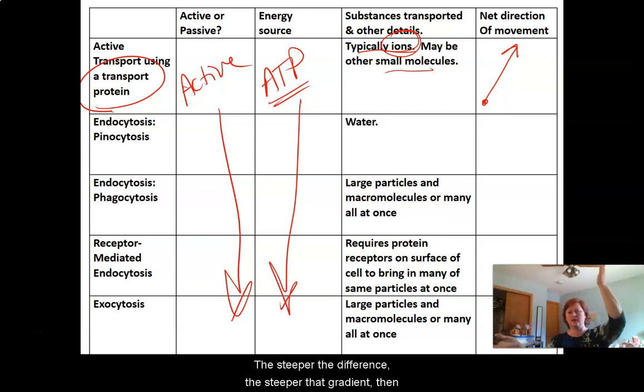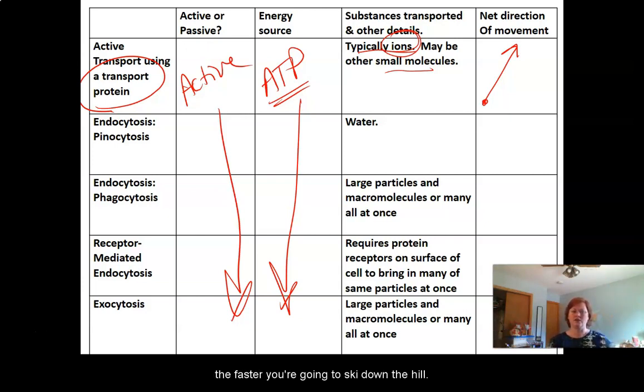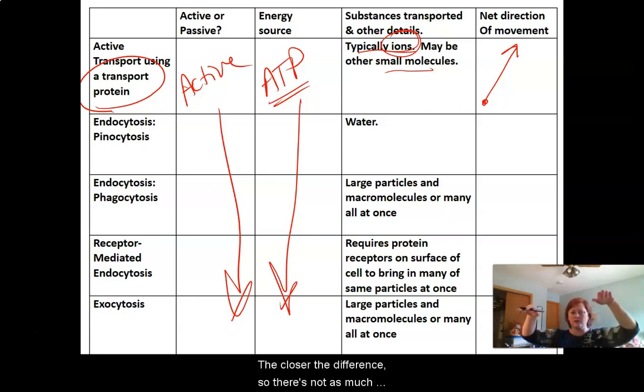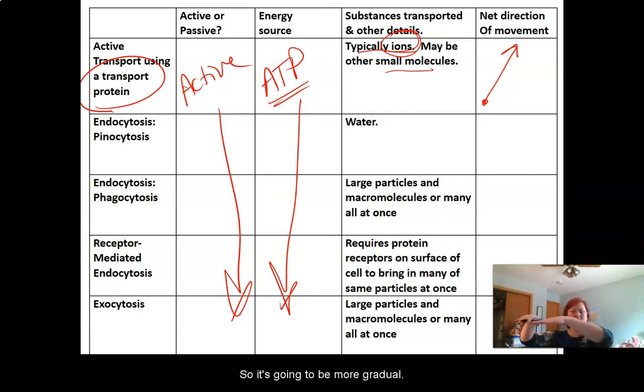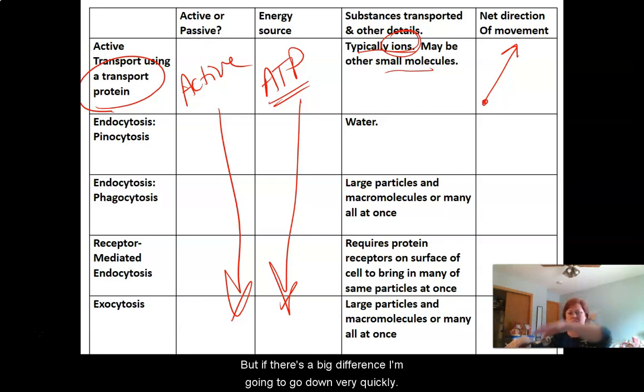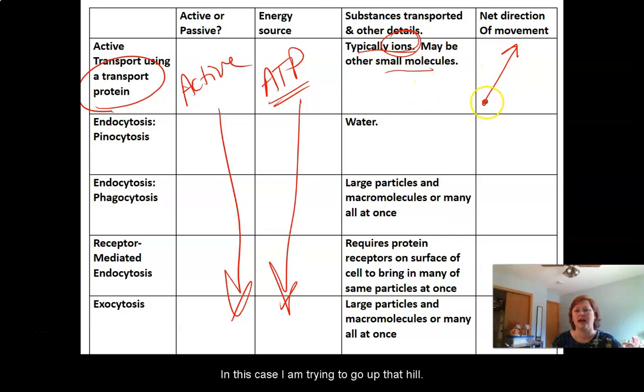The steeper the difference, the steeper that gradient, then the faster you're going to ski down that hill. The closer the difference, so there's not as much difference between these two hills, then it's like going down the bunny hill, so it's going to be more gradual. But if there's a big difference, then I'm going to go down very quickly. In this case, I am trying to go up that hill. So that's what's going to require energy, or ATP.